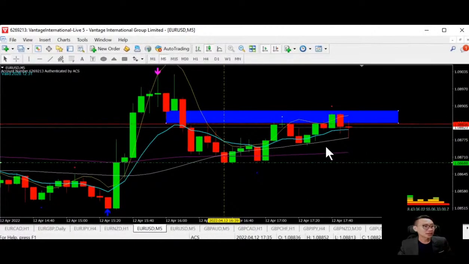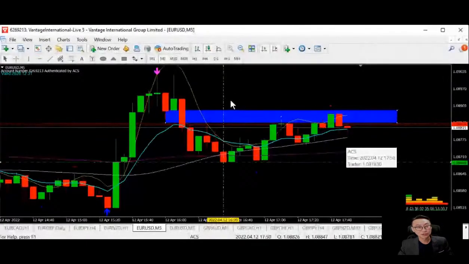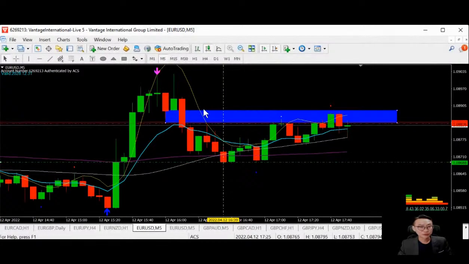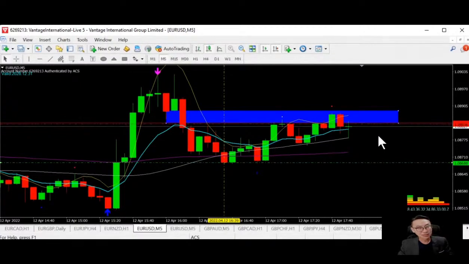Now if the candle started to be rejected by the white line over here, by the traders, it's actually respecting the support momentum over here. If that's the case, it's not really that ideal. Honestly, it's not ideal.